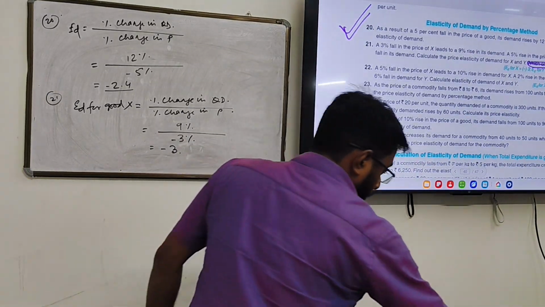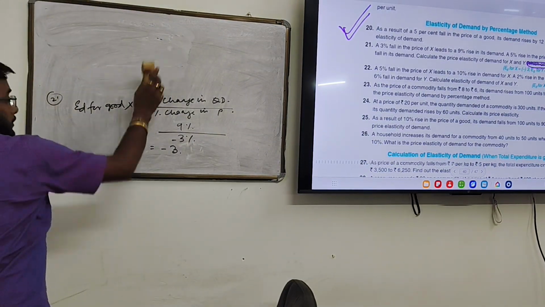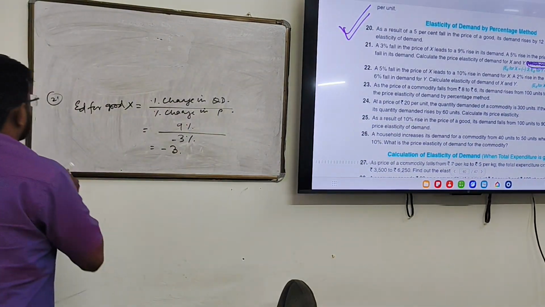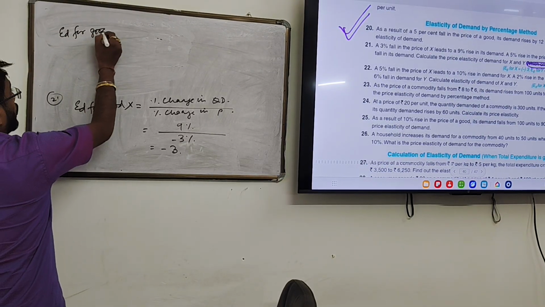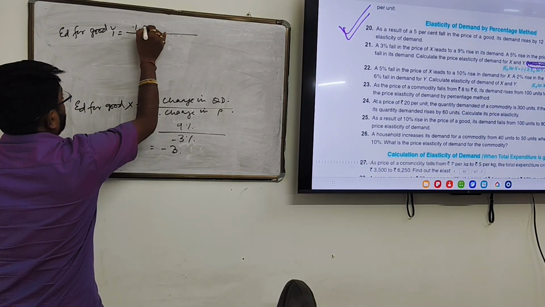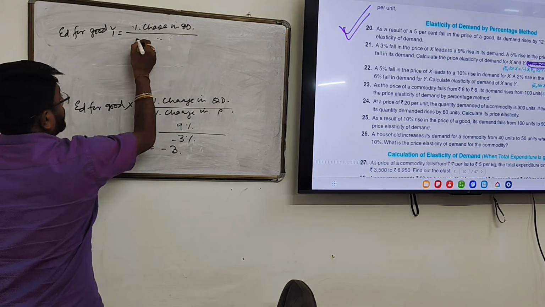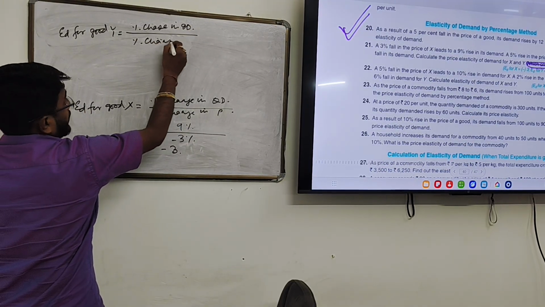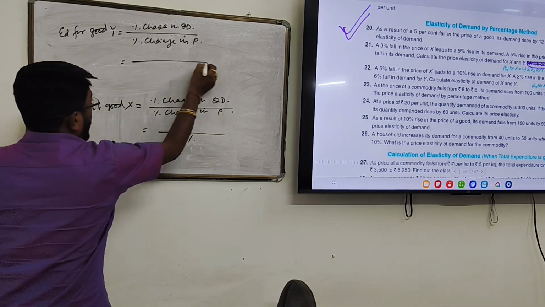Similarly, for question number 21, we are having the next one. We will write like this. Elasticity of demand for good Y is equal to percentage change in QD divided by percentage change in price. Now for good Y, what happened?